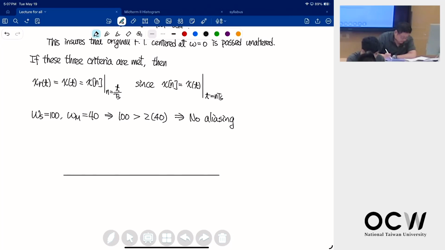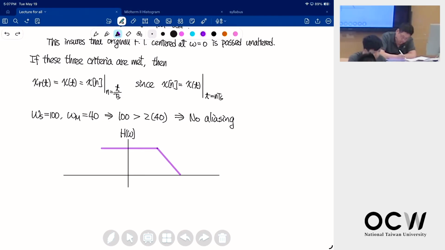So if you plot the filter in frequency domain, you will get, so here we have 60 minus 60, 40 minus 40, and then the height is Ts.